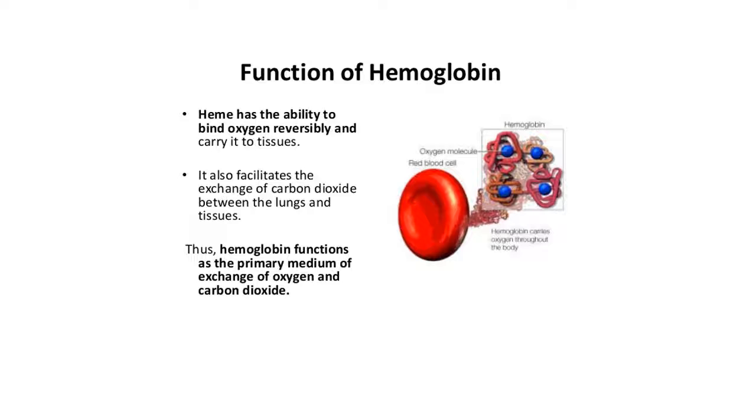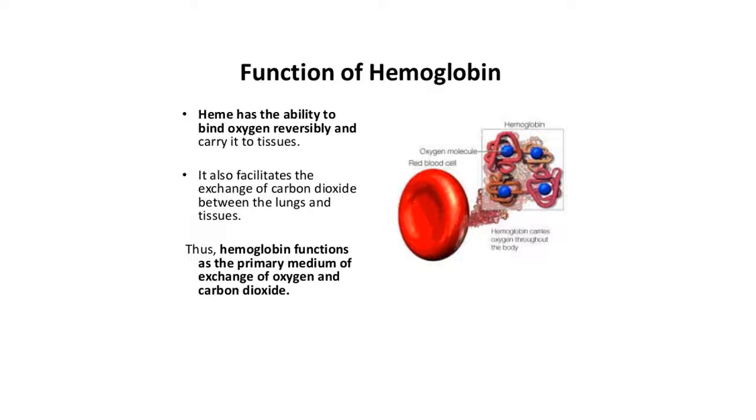To be able to diffuse, it must first detach from the hemoglobin. And so that's another function of hemoglobin. So hemoglobin functions as the primary medium of exchange of oxygen and carbon dioxide.